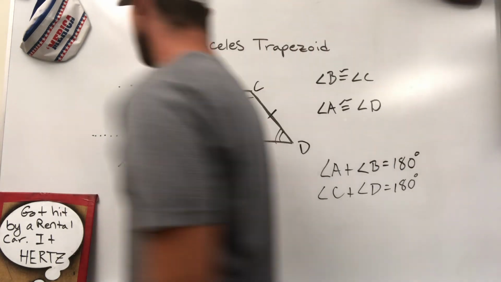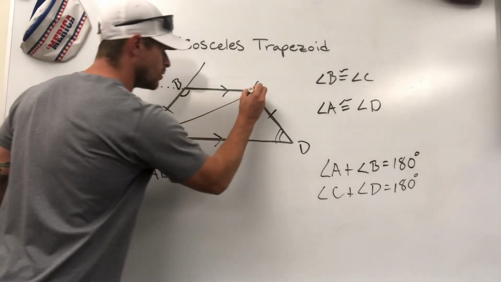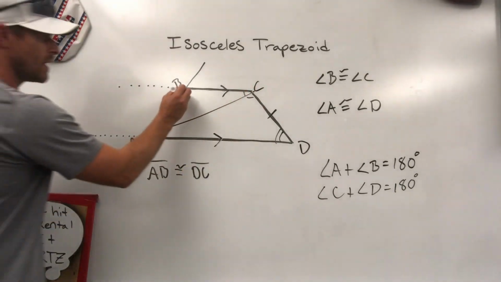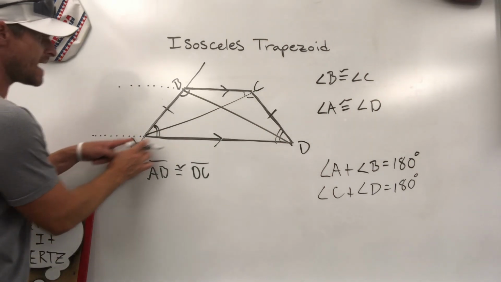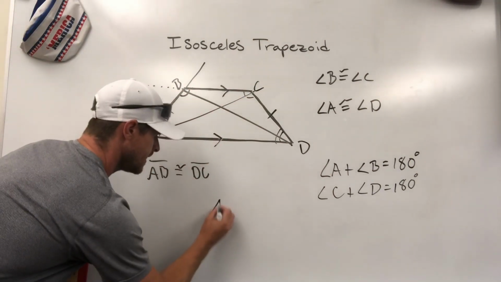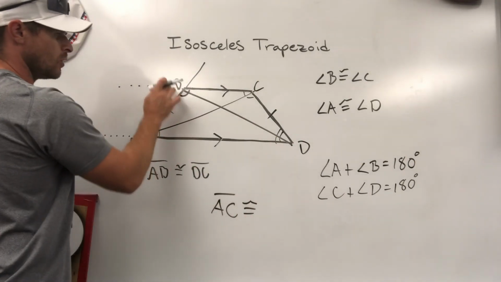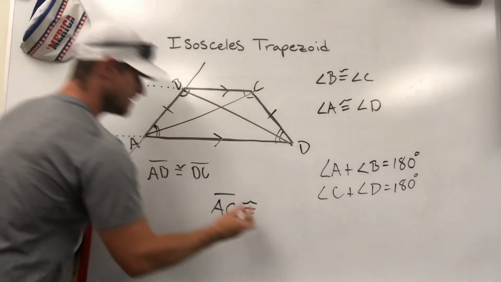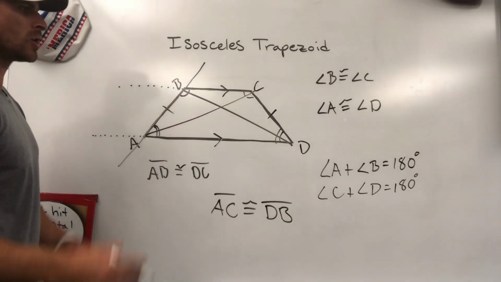One more thing we know about an isosceles trapezoid is that the diagonals are congruent as well. They will be the same length. So if I said diagonal AC, this is going to be congruent to diagonal DB. Diagonals are congruent.